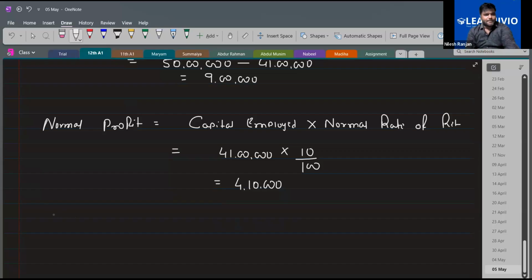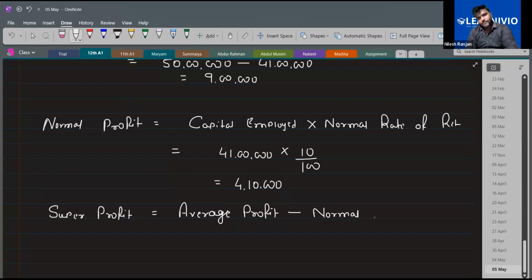Okay, so normal profit we have already calculated. Now super profit equals average profit minus normal profit. Average profit is 5 lakh, given in the question, and 4 lakh 10,000 normal profit we have calculated.